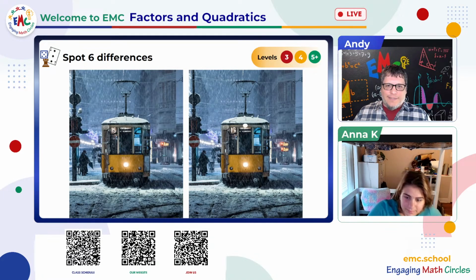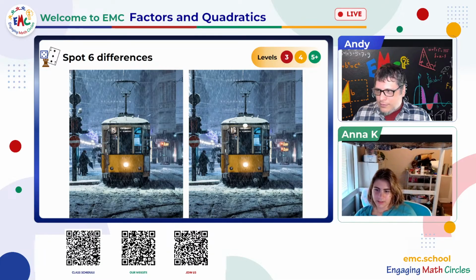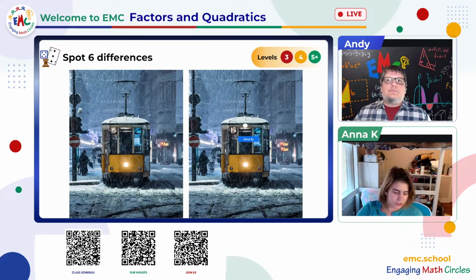Spot 6 differences. I should probably choose a better color. Nope, there's blue. Yeah, that works.